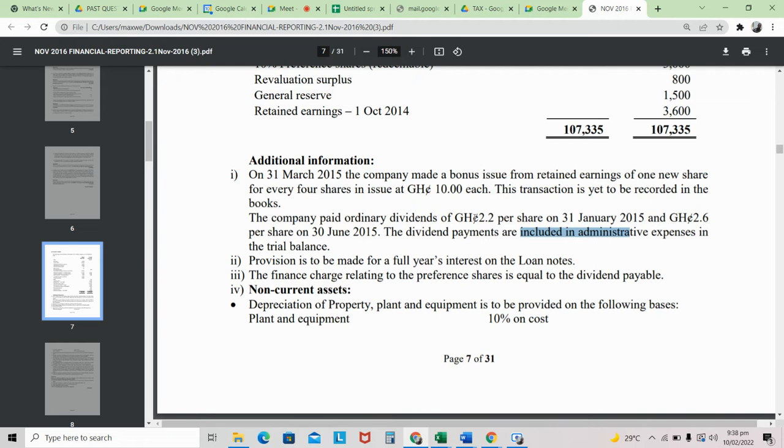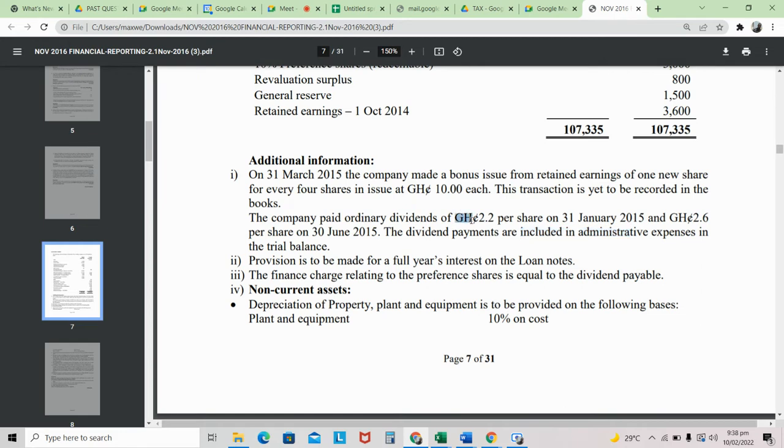As you can see, 2.2 Ghana cedis per share. So it means dividend is paid according to the number of shares held in the company. So for you to know how much dividend was paid, you need to know the number of shares.